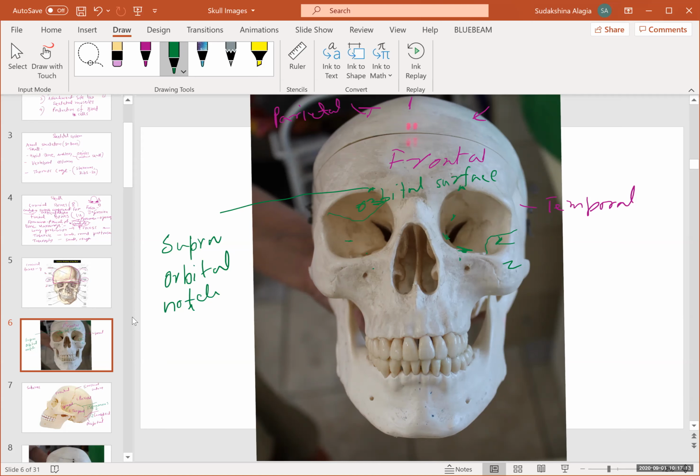So here must be the maxillary orbital surface. Again, because we are testing on images, on the lab exam, I'll be giving you structures that are visible. Like you don't really see the lacrimal orbital surface. So I won't ask you to assume where it is, unless we do have an image that clearly shows it.